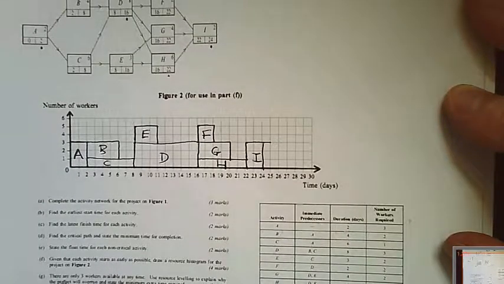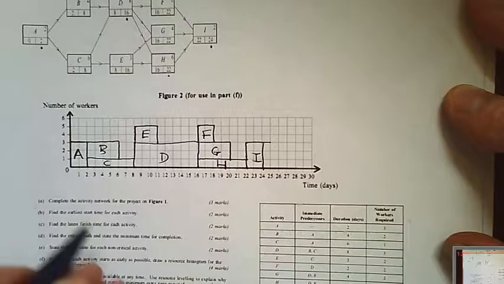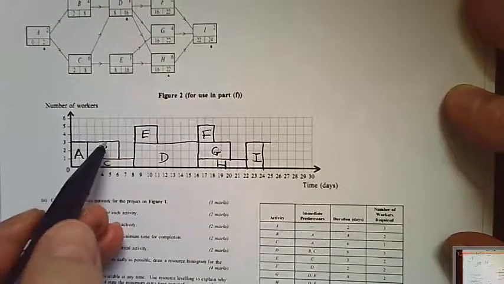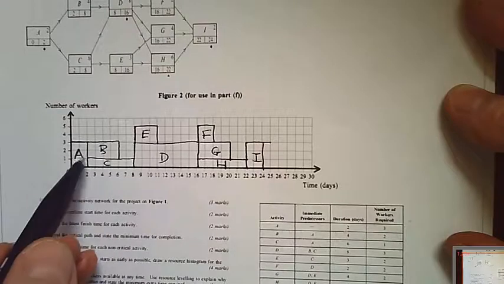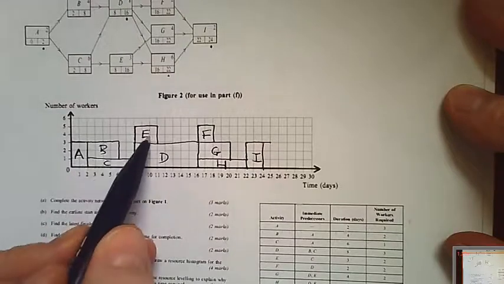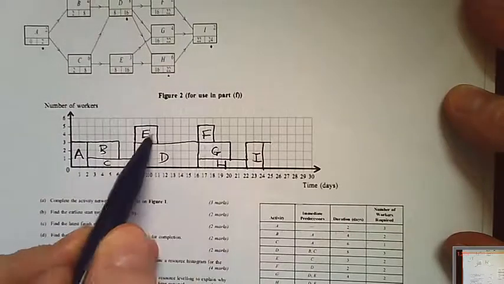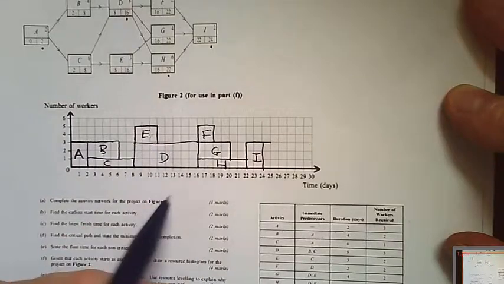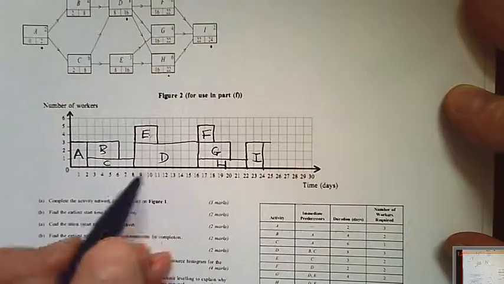The final part of the question says there's only 3 workers available at any time. Use resource levelling to explain why the project will overrun and state the minimum extra time required. Well, what options have we got here? We've got 3 workers, so the problems really lie here at these days where we have too many workers.